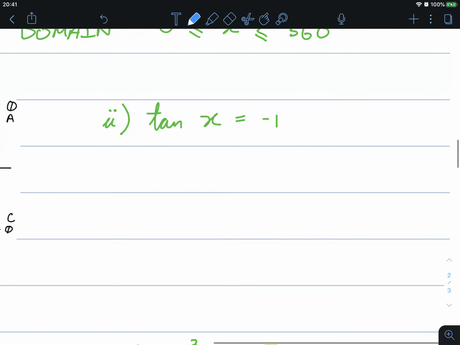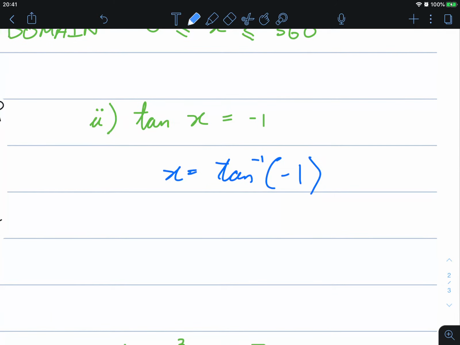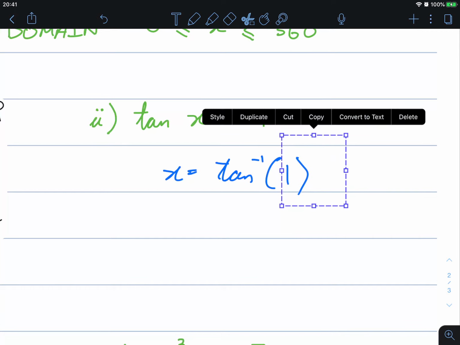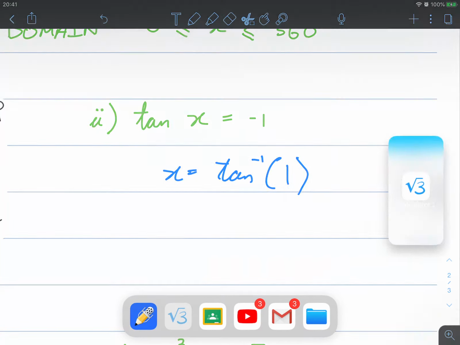Tan of x equals -1. So normally you would want to do the inverse of tan of -1, but my piece of advice is to actually figure out what it is in the first quadrant, meaning just take everything as positive first. So let's take a look.